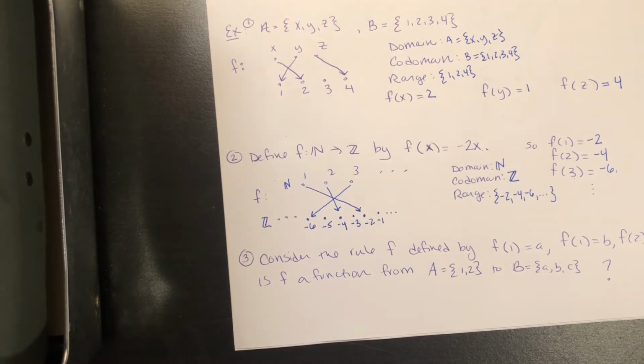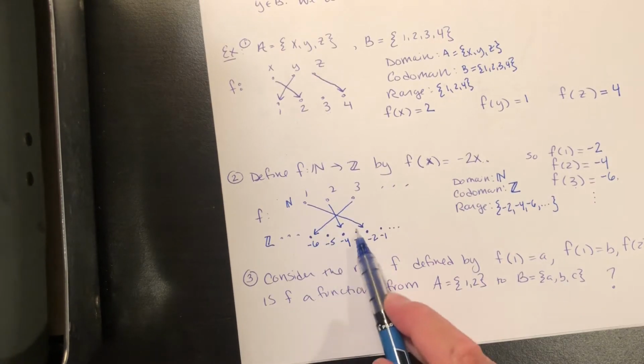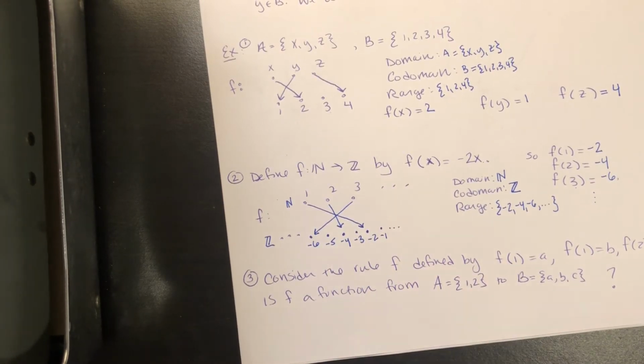It keeps going in either direction here. So there's some stuff that doesn't get hit by this function. All of these odd numbers, anything positive, that's not going to be an actual output of the function because our range is just the negative even integers.